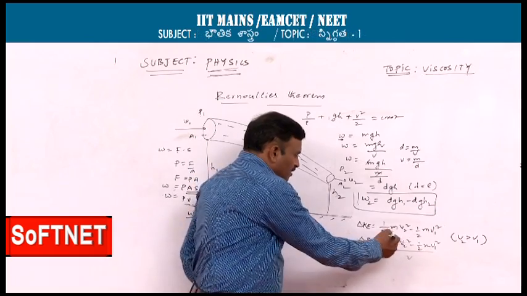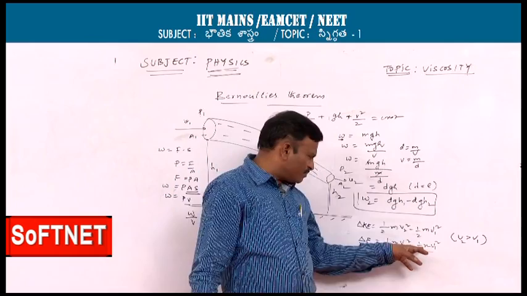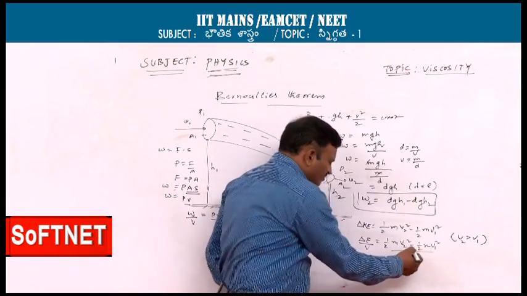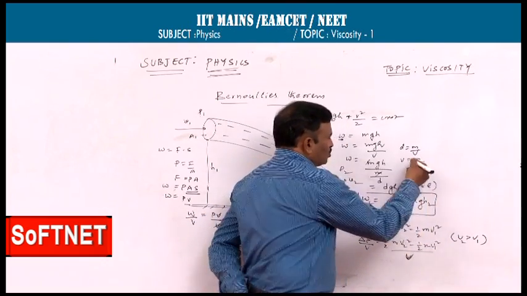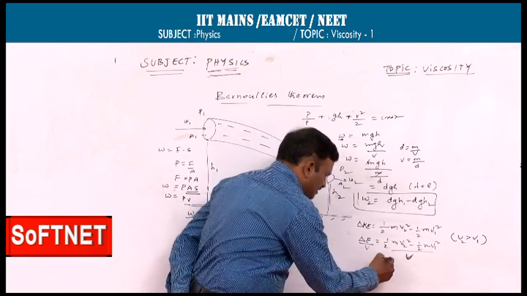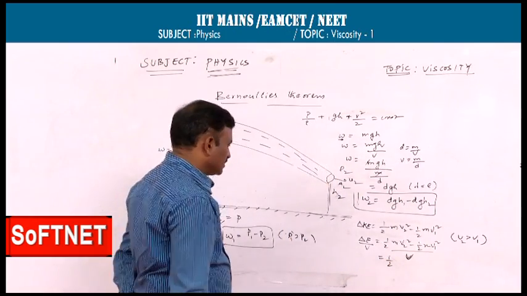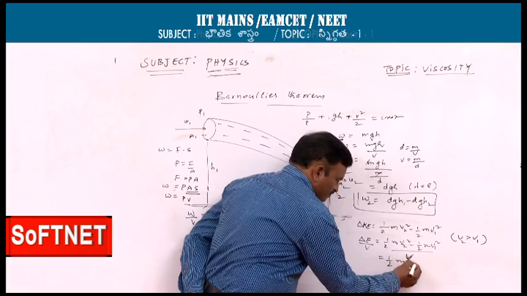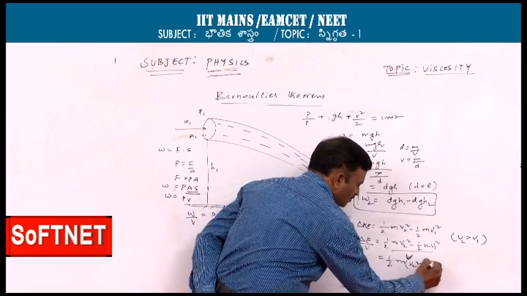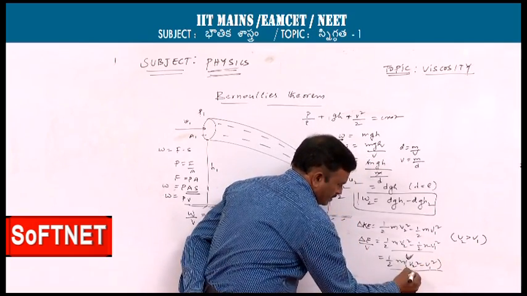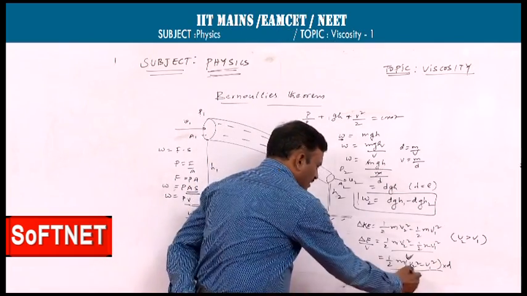Here the kinetic energy per unit volume is K by V, half m v2 square minus half m v1 square by V, where V1, V2 are velocities and V is the volume. As you know, volume is mass by density, so we can write half into m common, V2 square minus V1 square by m by d, where the m's get cancelled.